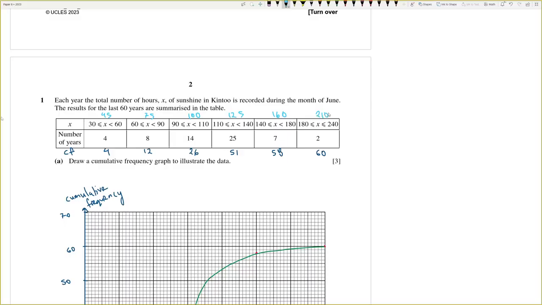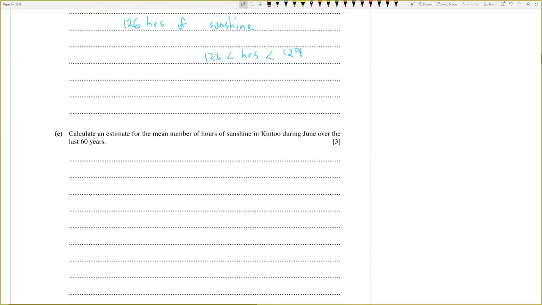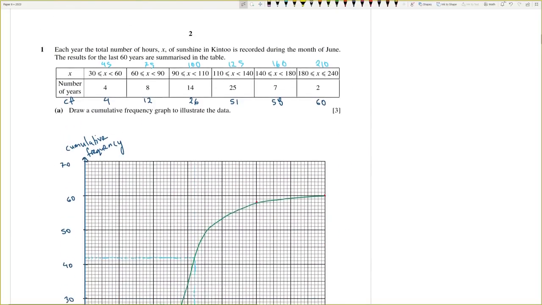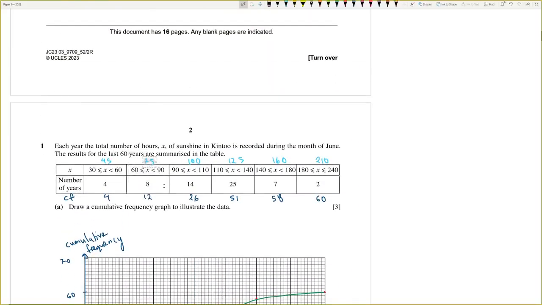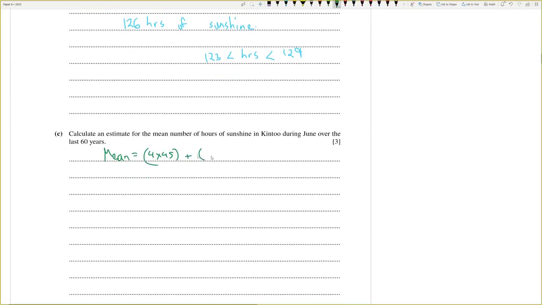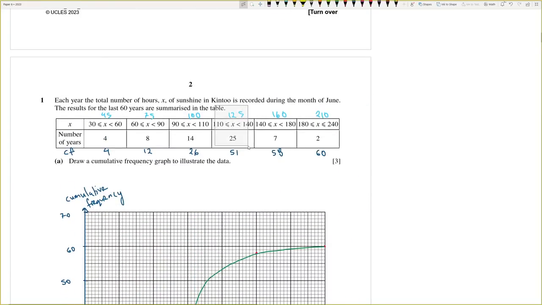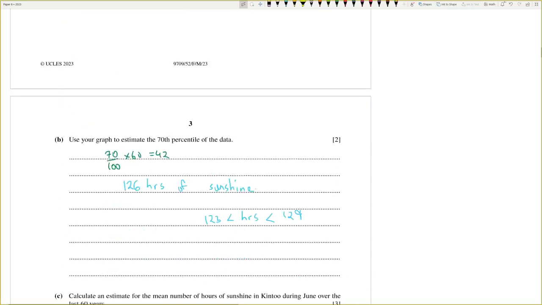So we are going to use these values and the values of frequency to calculate our value for mean. Okay, so let's find out the estimate of the mean. You got to show your working. So the first one is 4 times 45 plus 8 times 75, 14 times 100 plus 25 times 125, 7 times 160, 2 times 210.